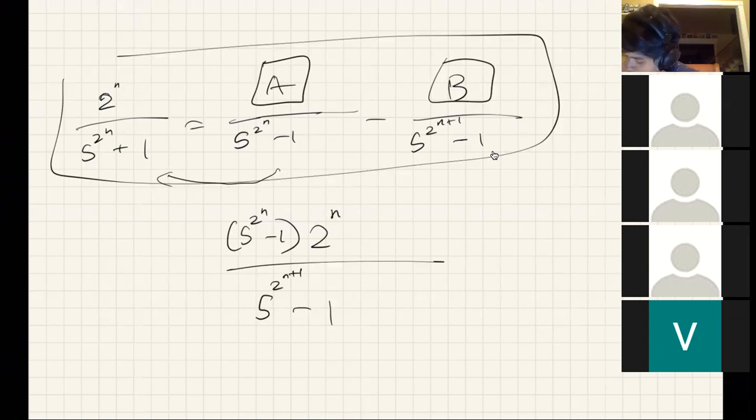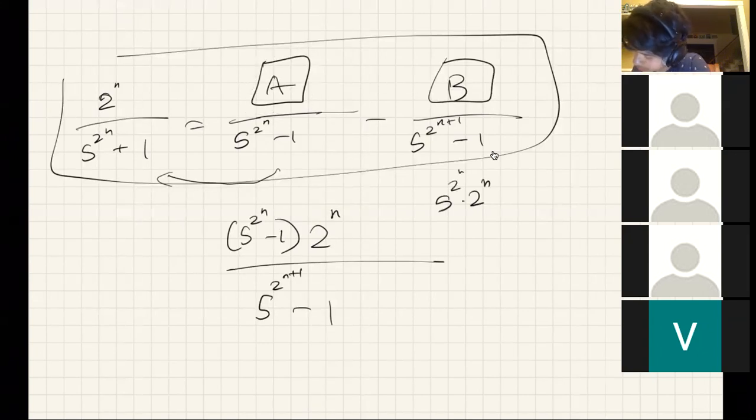So we want one of our terms to be equal to 5 times 2n minus 1. Wait, no, 5n times 2 minus 1. So, sorry, something like this, okay? So what we're going to guess is that this comes from the A term.